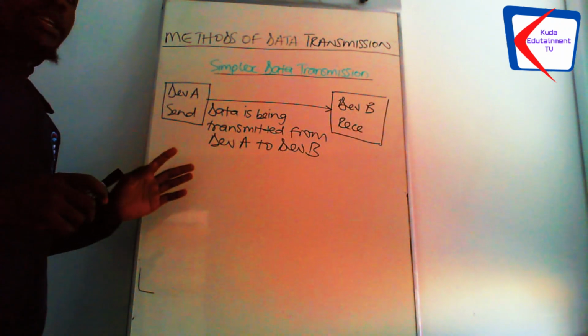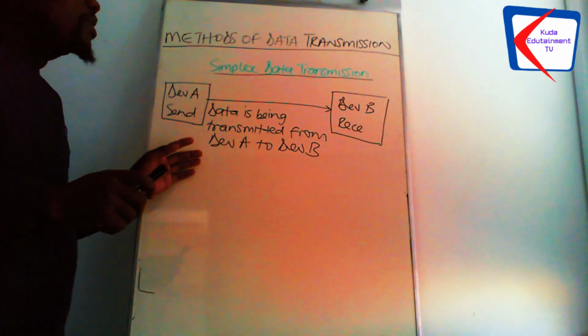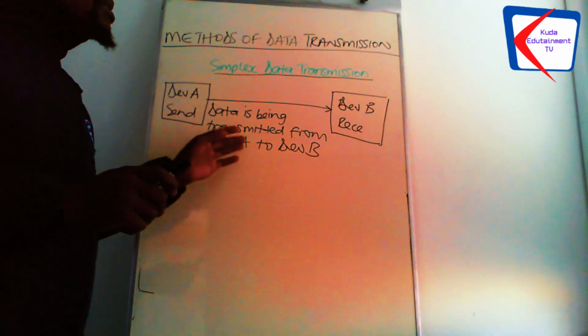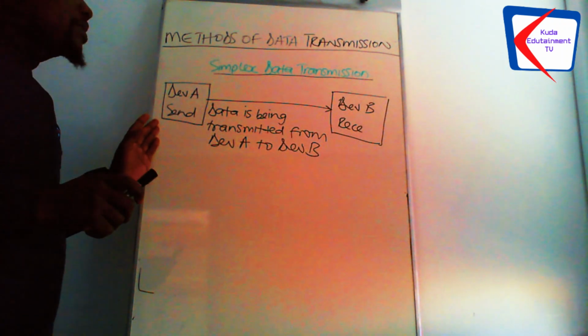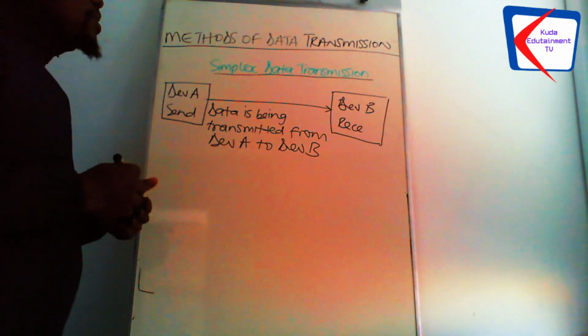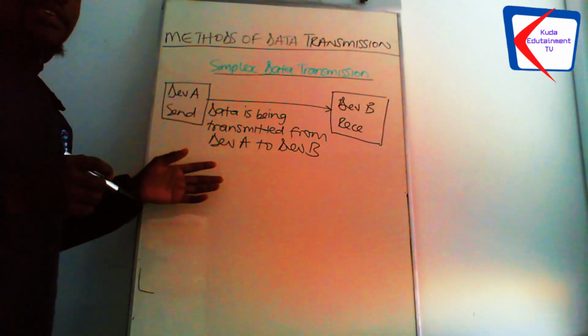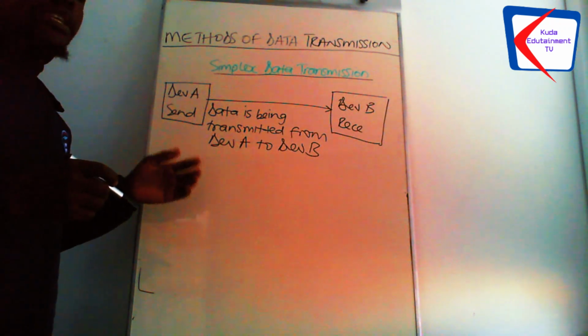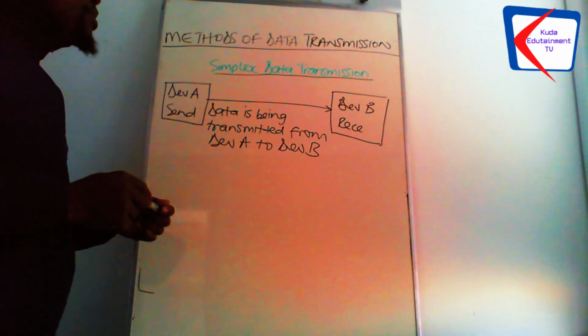It's unidirectional, meaning it only applies when there is no need for the receiving device to communicate back to the sending device. A very good example is the connection between a keyboard and the computer, or between a mouse and a computer. That's where simplex data transmission is used.